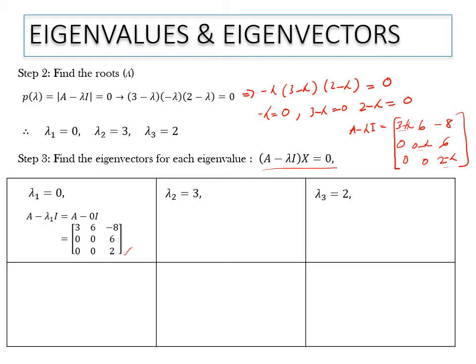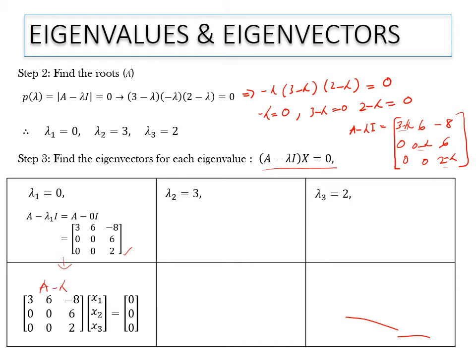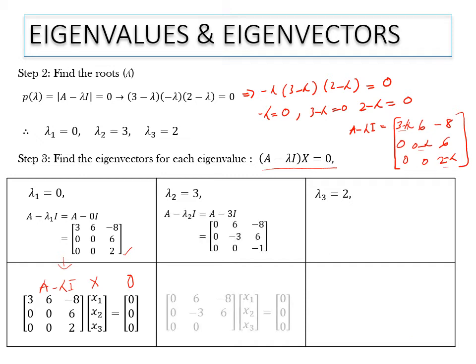When we get A minus lambda 1 I, we write it in the form A minus lambda I times x equals 0. The same thing for lambda 3.